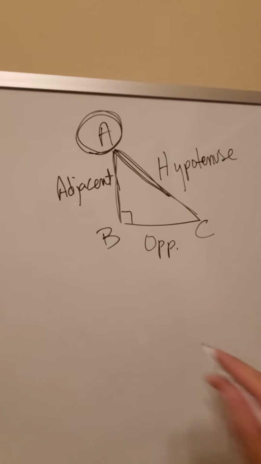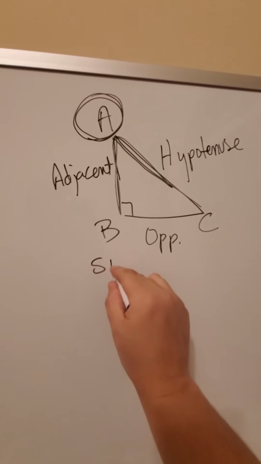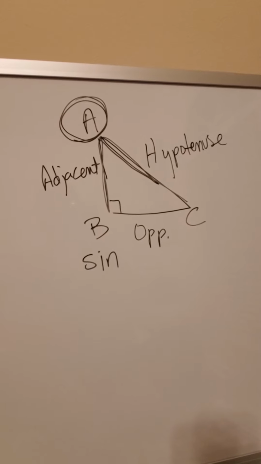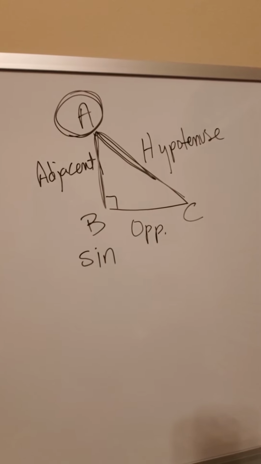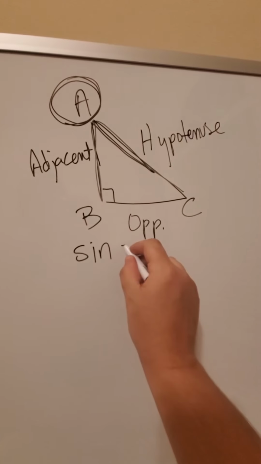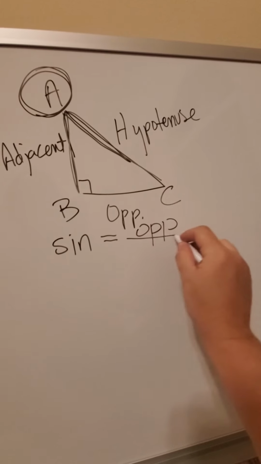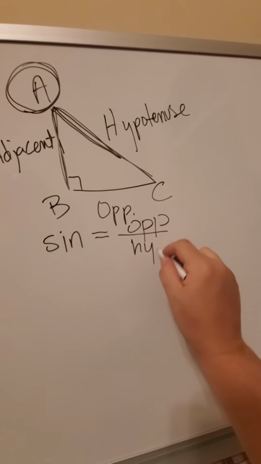Sine, we label it S-I-N. A lot of people call it sin, but it's sine. Sine is always equal to opposite over hypotenuse.